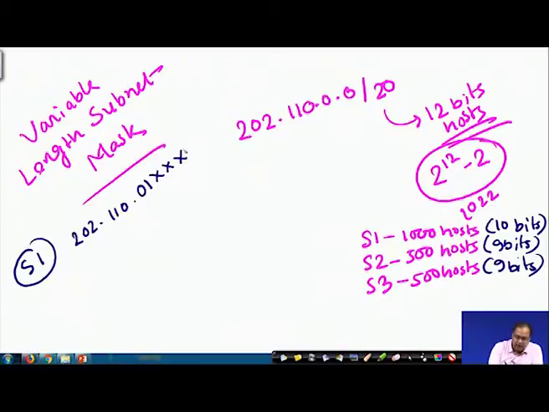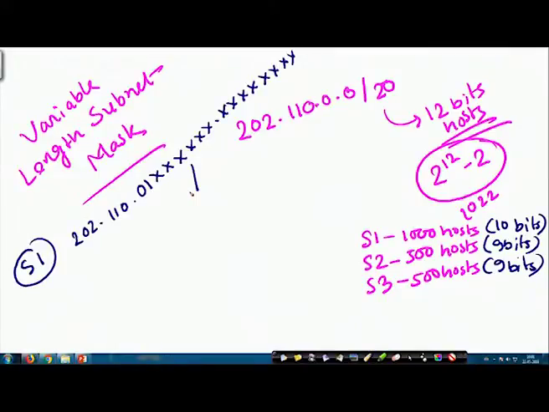The host bits I am writing as x, dot x. So, this can be the network address for S1. Here my net mask, which was earlier 20, now takes 2 more bits, so the net mask could be 22 bits.